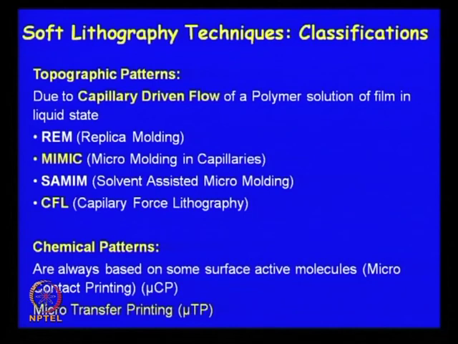For the chemical pattern or the printing modes, the most important method in this regard is what is known as micro contact printing, by which you create chemically patterned domains on a flat surface. This is the first soft lithography technique that was actually discovered.